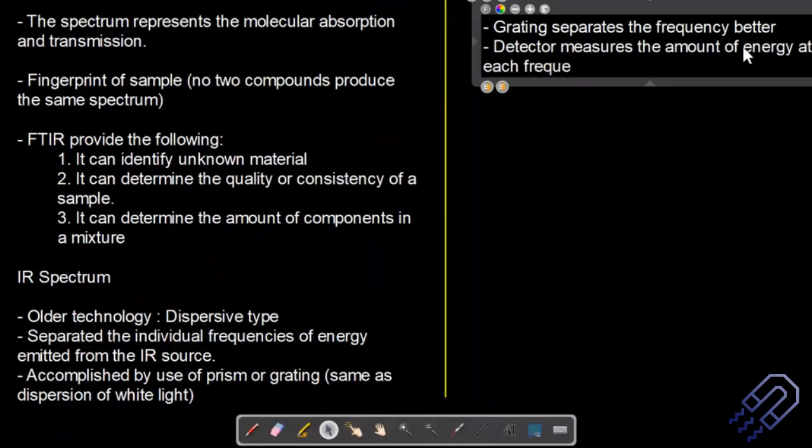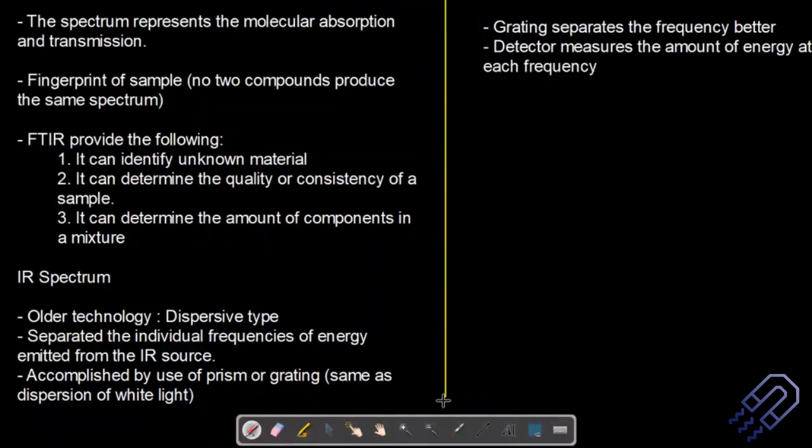You have to understand this. So you have an input signal. Let me do this schematic and probably rub it off again. So you have this IR radiation, let's say, and then you put a grating here, and then you have a separated frequency. And then this is your sample.